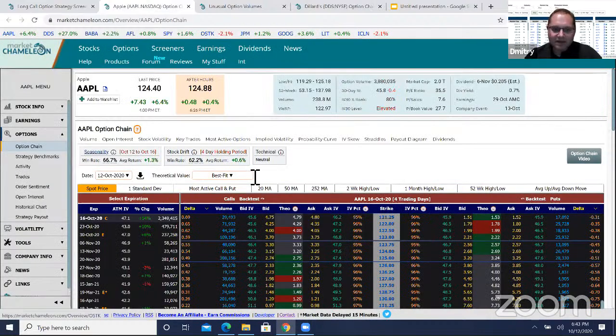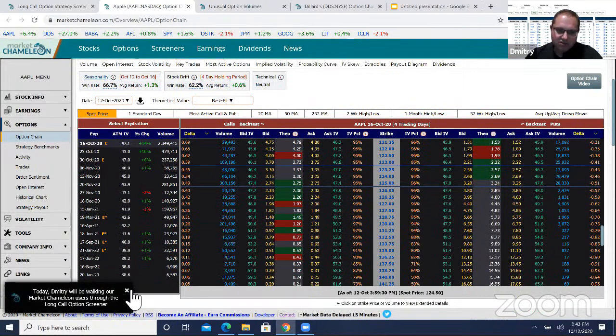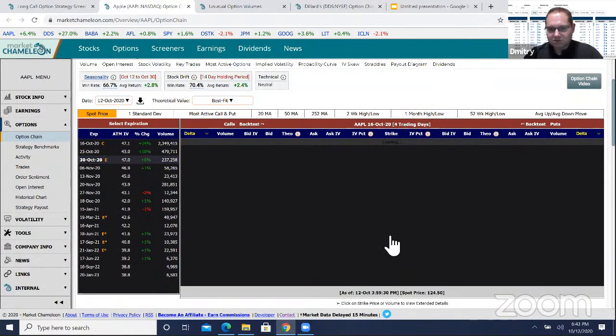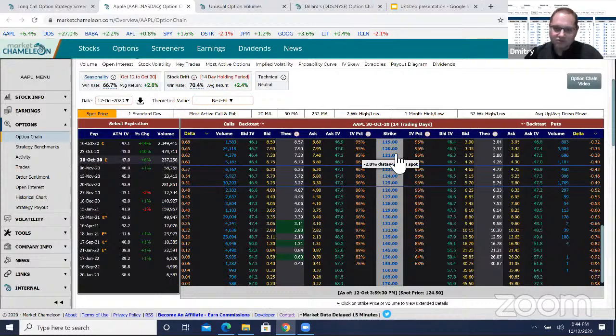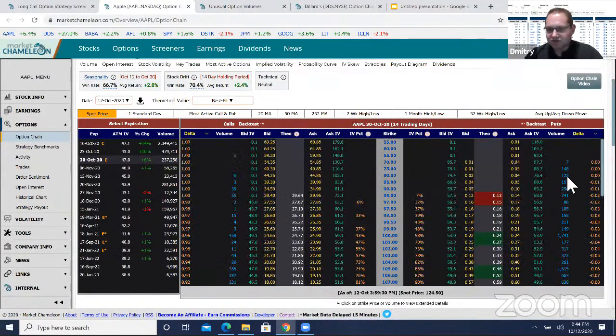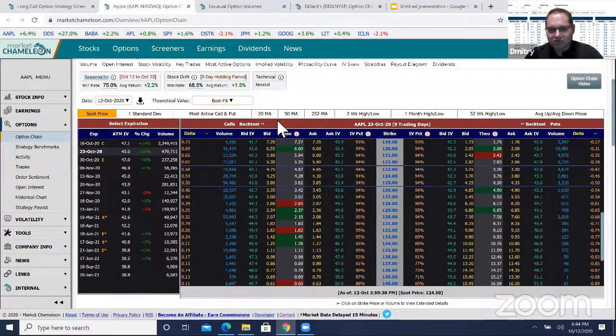If I go to the Apple options chain, see here, all these different expirations: October 16th, October 23rd, October 30th, November, all these different expirations out here. And if I click on any given expiration, you could see all these different strikes have calls, have puts, volume in all of these, right? Volume in all these calls, volume in all these puts. And I could go back to a different expiration, volume in all these calls, volume in all these puts.